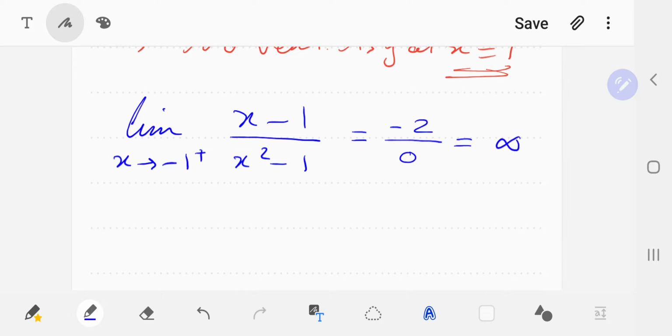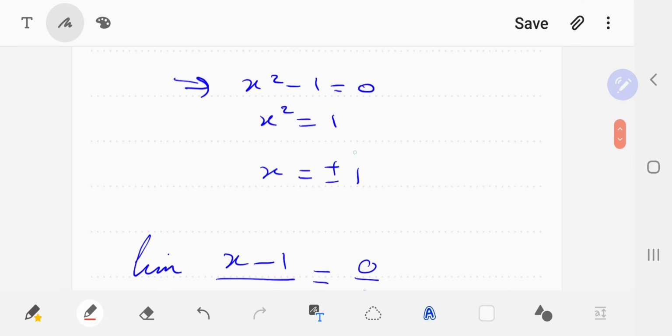Now, we just need to check whether it's positive or negative infinity. Negative 1 from the right side means negative 0.9, for example. So negative 0.9 squared, that's something less than negative 1. So it's negative over negative, which means a positive infinity. So what does that mean? This means that x equals negative 1 is a vertical asymptote.